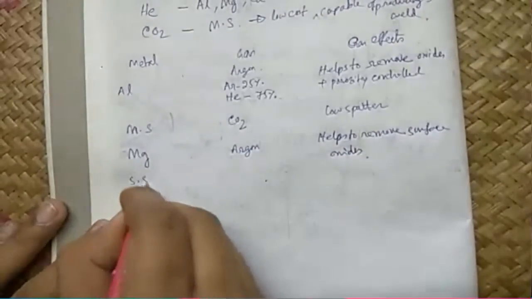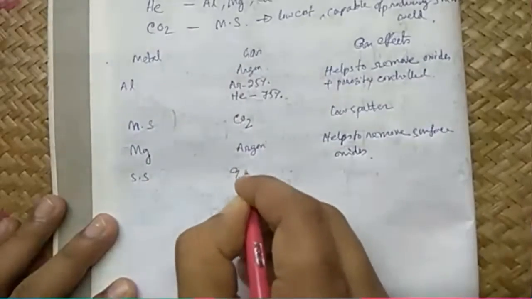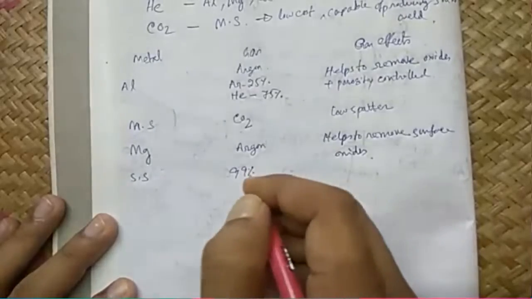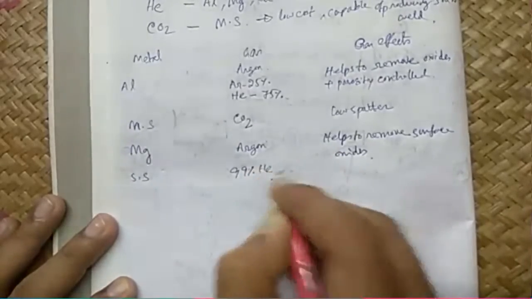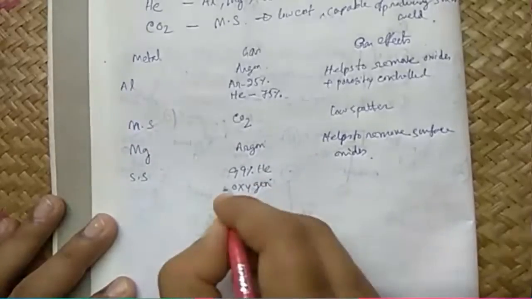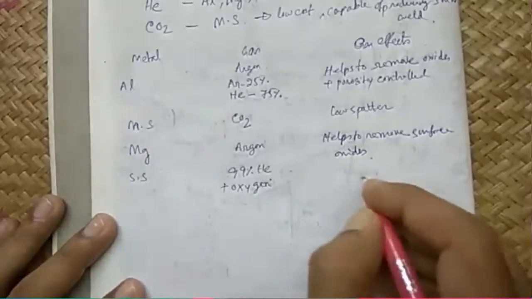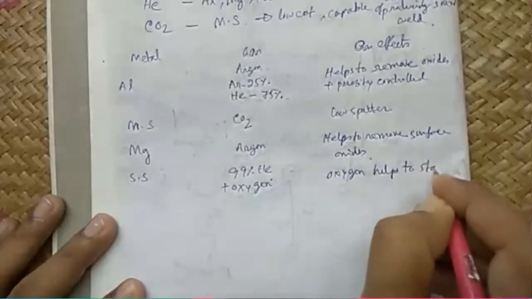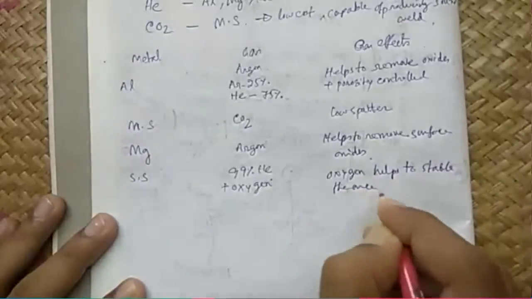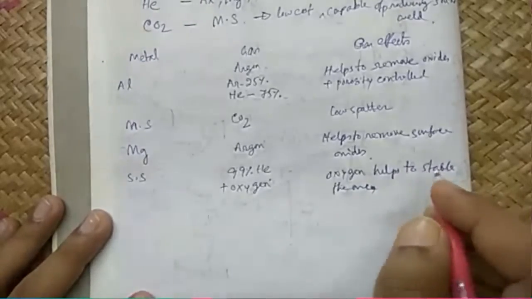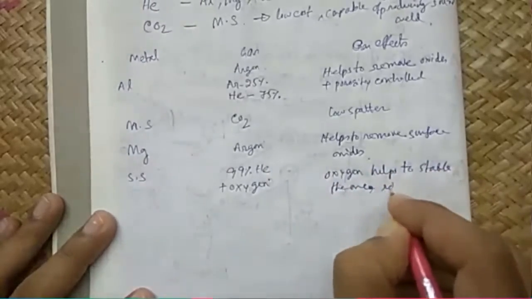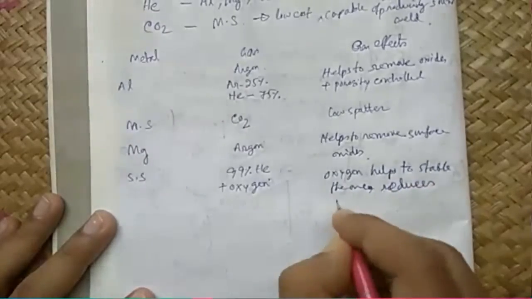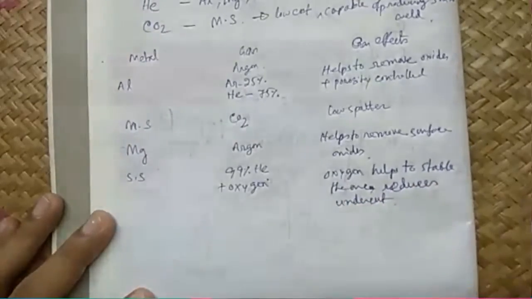Now for stainless steel we use 95 to 99%, most of the cases He, and the rest oxygen. So oxygen helps to stabilize the arc and reduces the undercut defect.